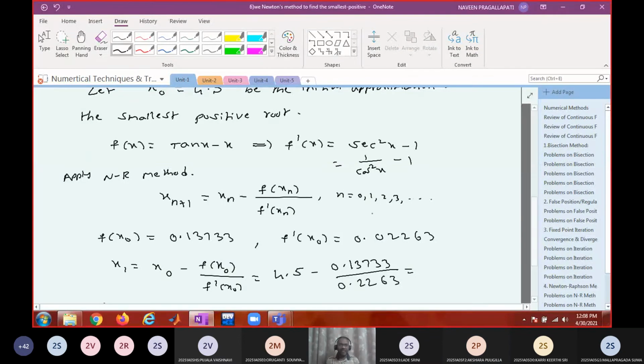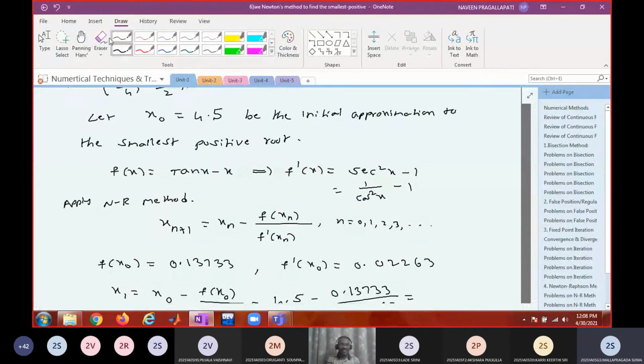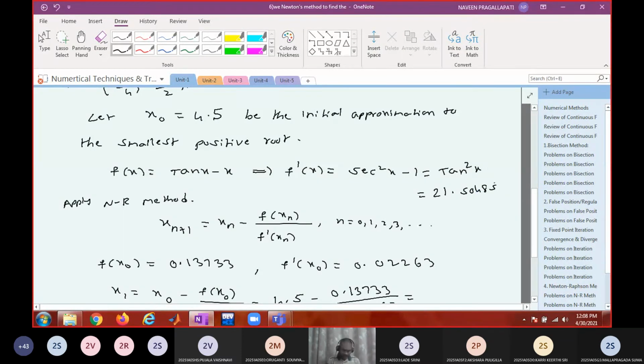This derivative is secant square x minus 1 only, no? That is tan square x. 1 plus tan square is secant square, so this is tan square x. This is fine. So this is 21.50485 you are getting, right? Yes, sir.